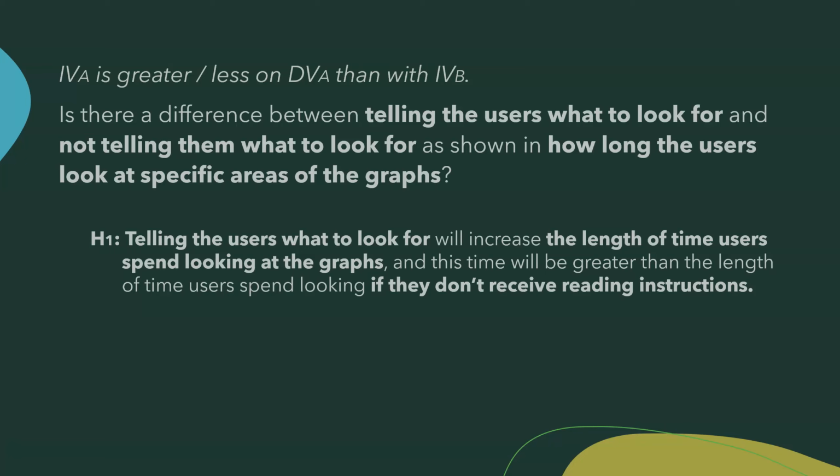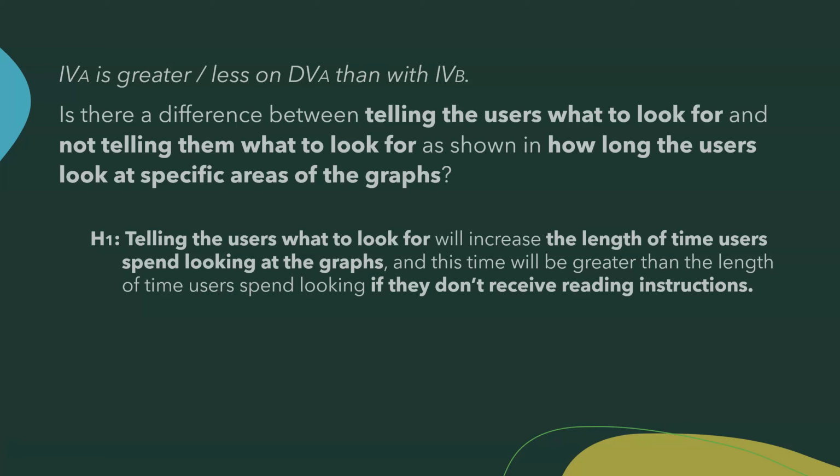Than with IVB. So I'm going to rephrase it so it makes sense in English. This time will be greater than the length of time users spend looking if they don't receive reading instructions. So telling the users what to look for will increase the length of time users spend looking at the graphs. And this time will be greater than the length of time users spend looking if they don't receive reading instructions.